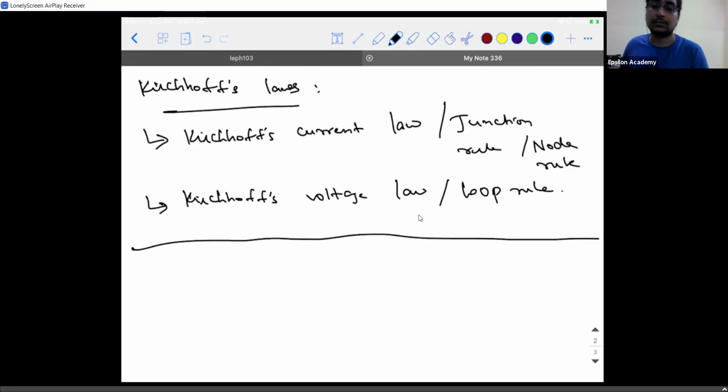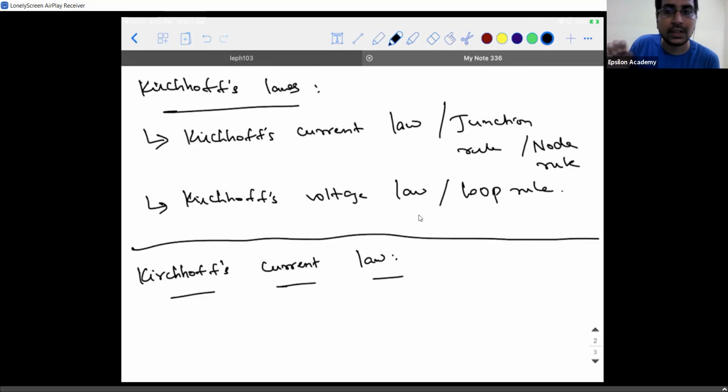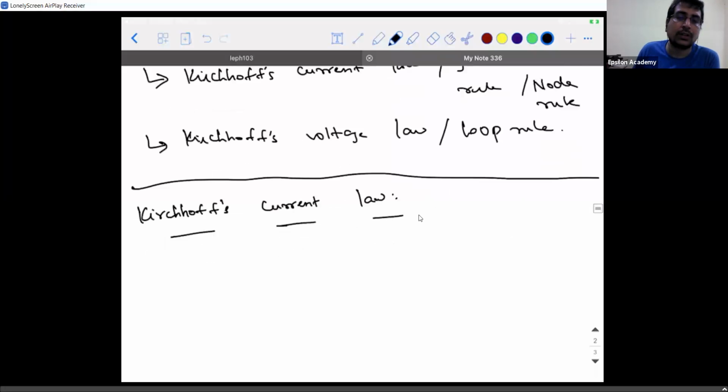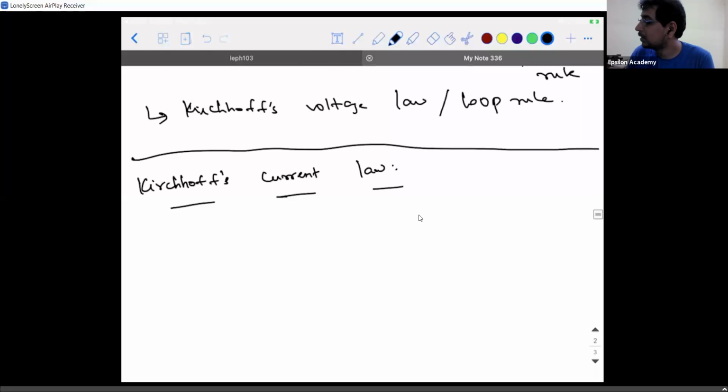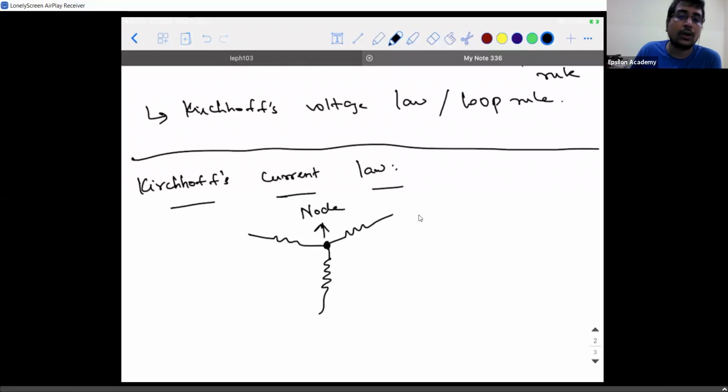Now listen. Now I am going to explain about Kirchhoff's current law. Write it down. I'll give you a statement like this. If you have a point where three or two branches of a circuit are meeting, then this point is called a node or junction.